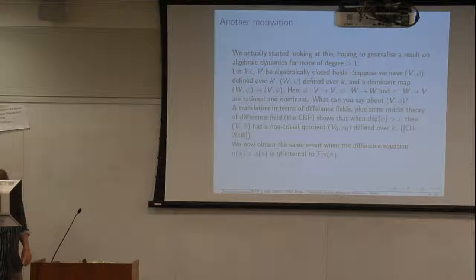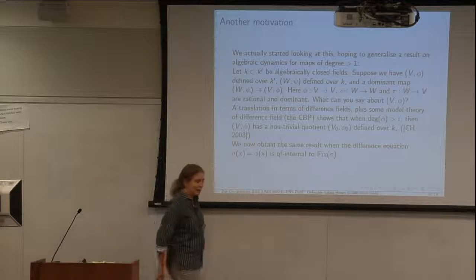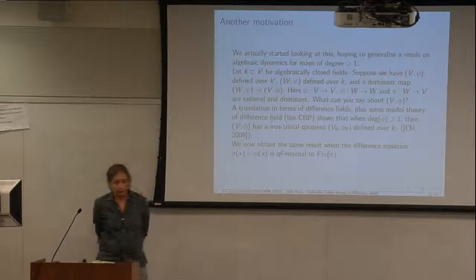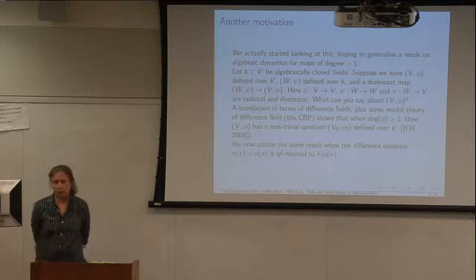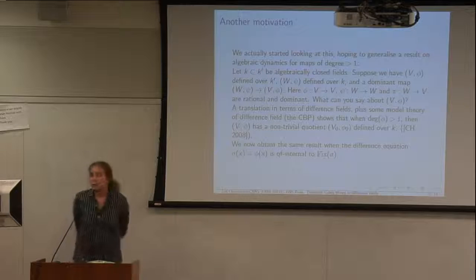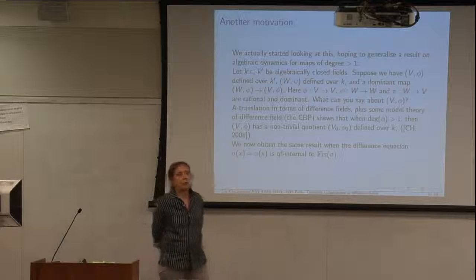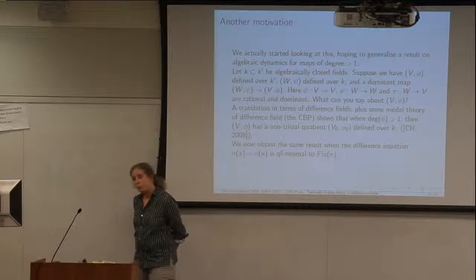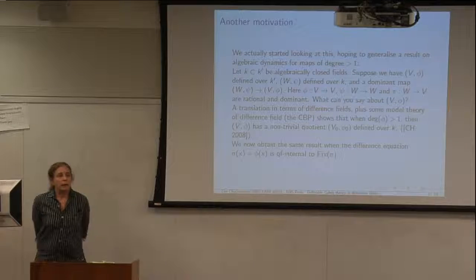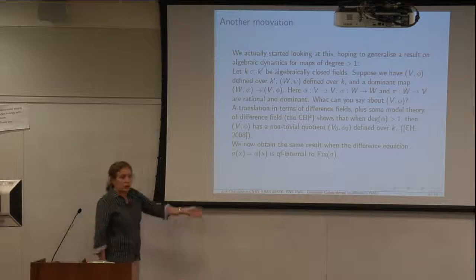So, before continuing, before saying that this is really interesting, I would like to say why we started looking at this. It's because it comes from a problem in algebraic dynamics. So what's algebraic dynamics? You have an algebraic variety V, you have a dominant map phi from V to V, and that's an object, (V, phi).